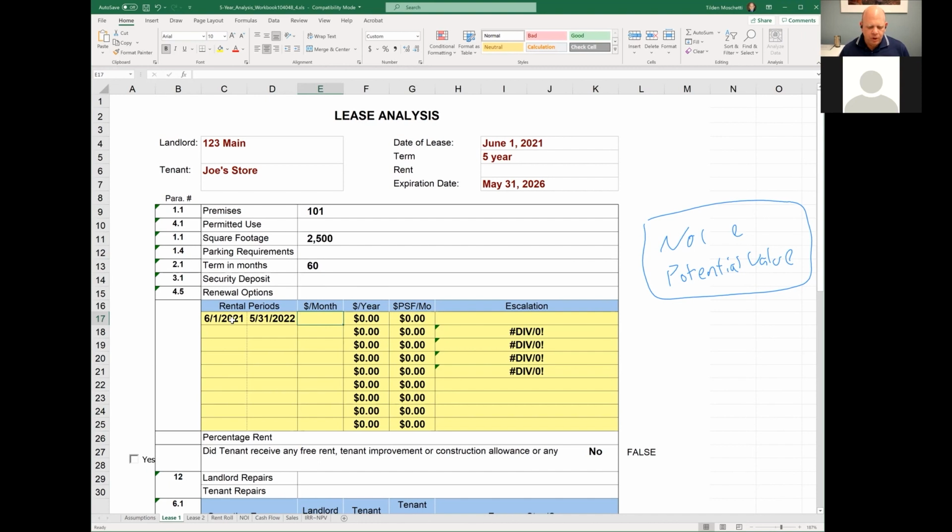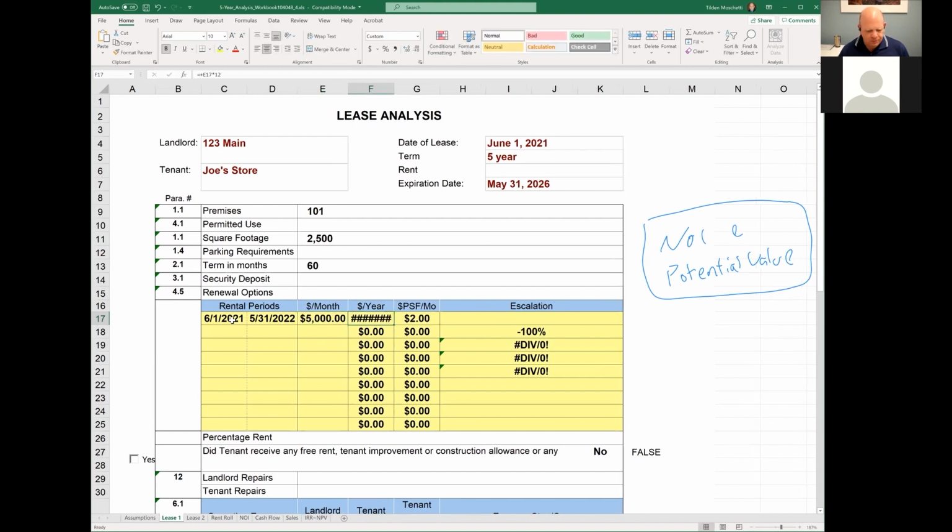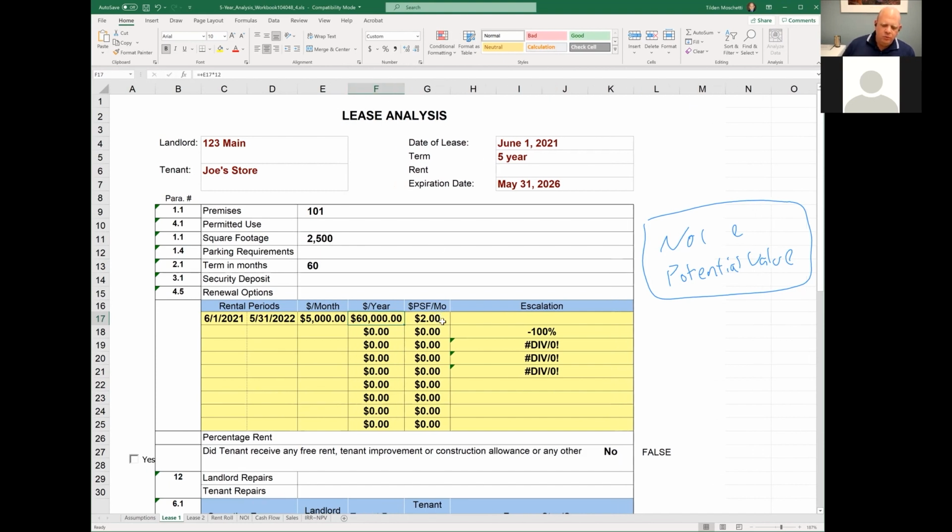Dollars per month, let's say that they are at $5,000 per month, which means they are at $60,000 per year, $2 a square foot. And then we can figure out what escalations are going to be.